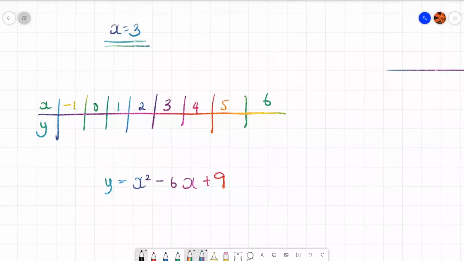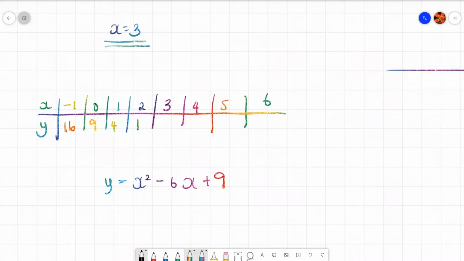Got to substitute x into there to work out my coordinates. So -1 squared is 1. Take away 6 times -1. Add 9 is 16. Okay, too big. Right, 0 squared, 0 take 0, add 9 is 9. Right, 1 take 6, add 9 is 4. 2 squared is 4. 4 take away 6 times 2, add 9 gives me 1.